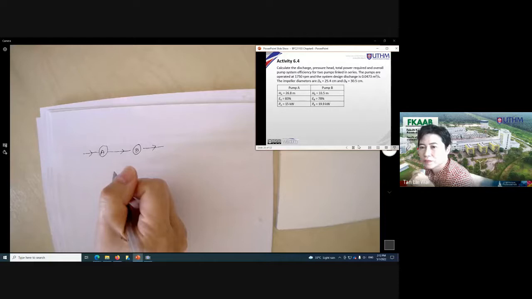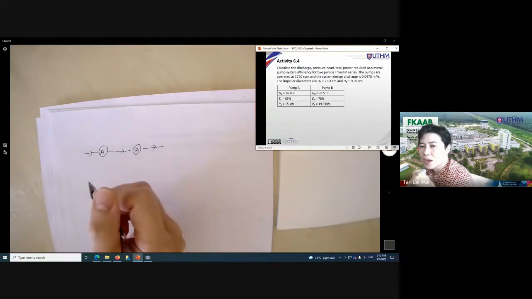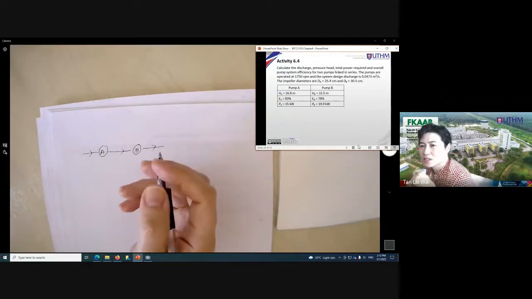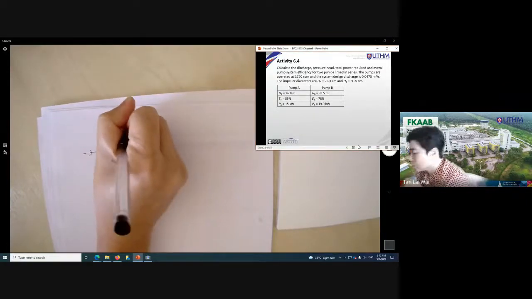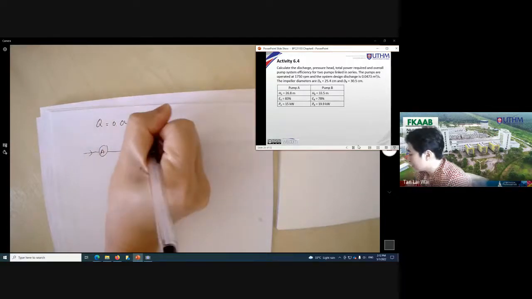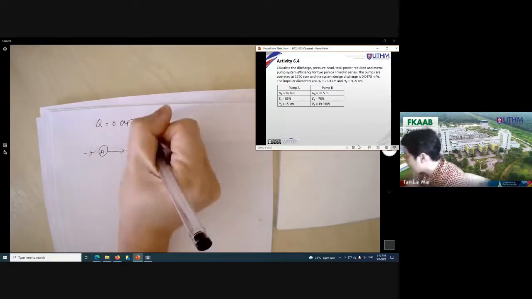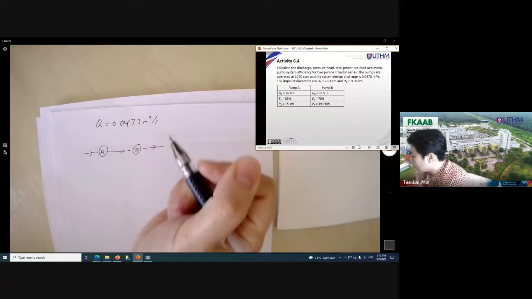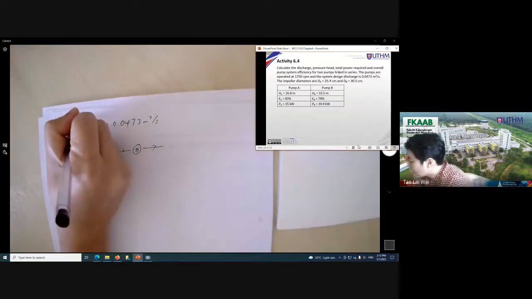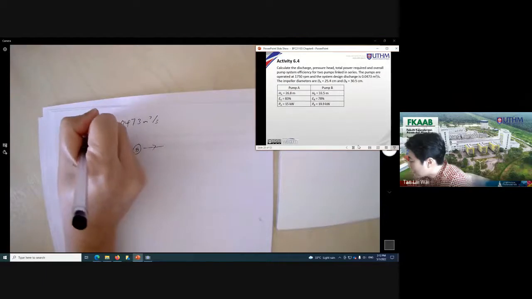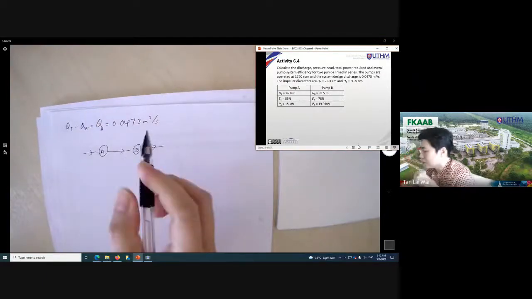You have system discharge given as 0.043 meter cube per second. By now, you should know the Q remains the same. So Q total would be QA equals QB, which is this here.